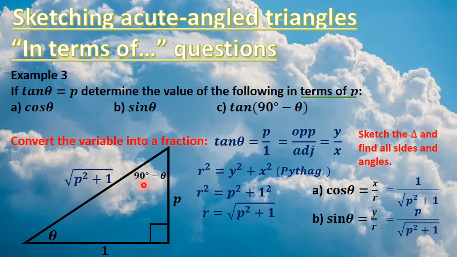So TOA, tan, is opposite over adjacent. Opposite to 90 minus theta is 1, and adjacent to 90 minus theta is p. So tan of 90 minus theta is not the same as tan of theta, because tan of theta is p, so tan of 90 minus theta is 1 over p.